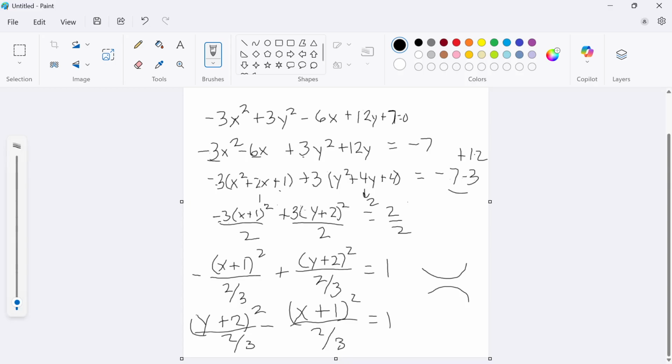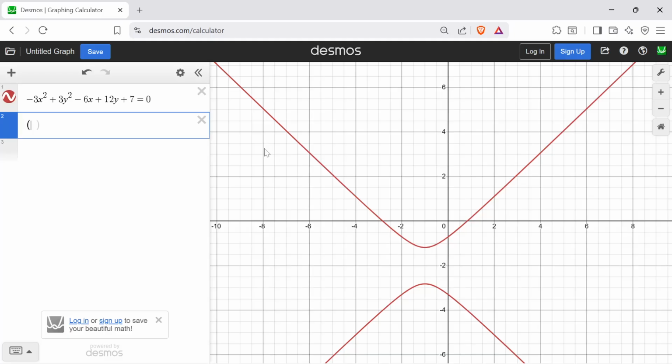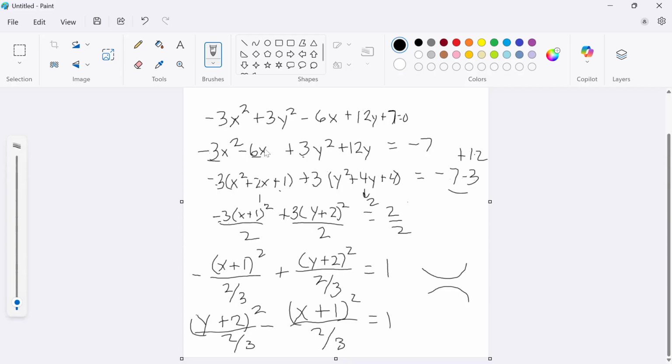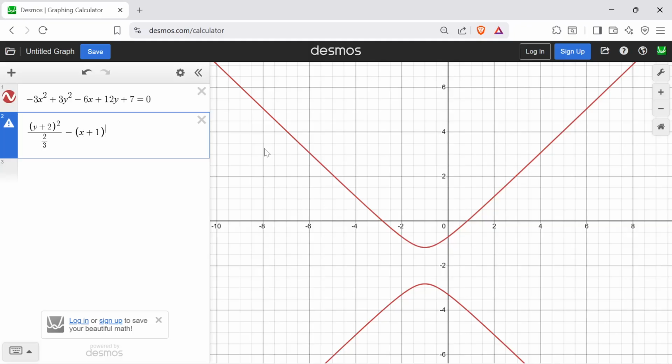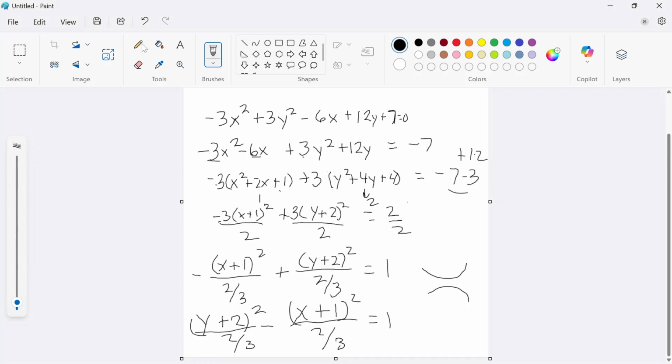And now if I write the one I figured out, y plus 2 squared over 2/3 minus x, was it plus 2? Plus 1 squared, that was also divided by 2/3 equals 1. Same hyperbola. So I showed kind of tough cases on that one.